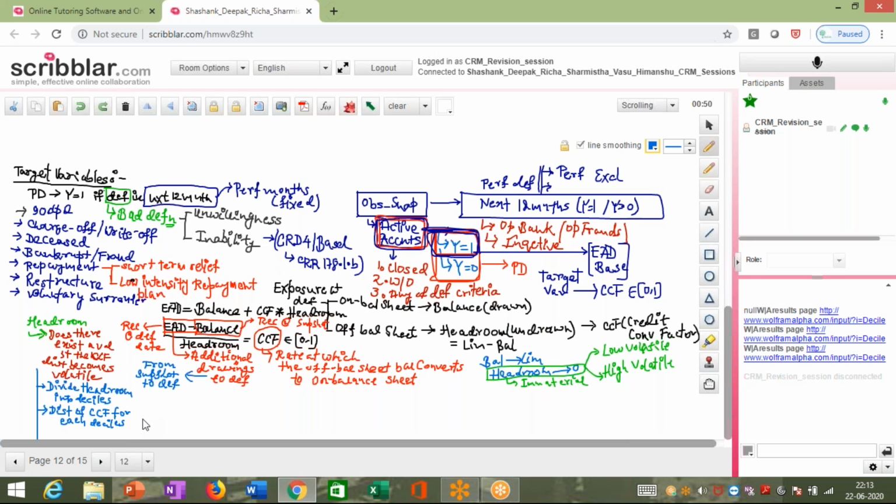Okay. So, distribution of CCF for each decile. For each of these deciles, what you are going to do is the following. You are going to compute the mean and the standard deviation for each of the deciles.